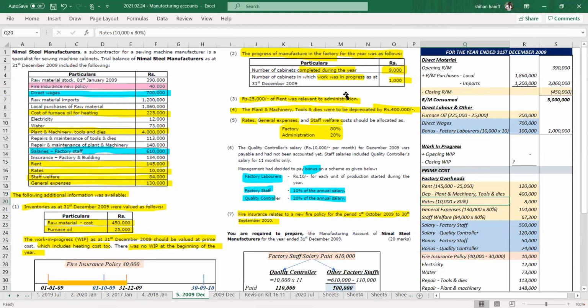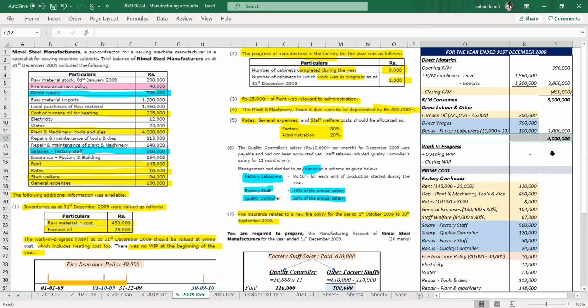Okay. So let me discuss the closing work in progress calculation. Now, the total prime cost before the work in progress is 4 million. This is the prime cost before adjusting for the work in progress.